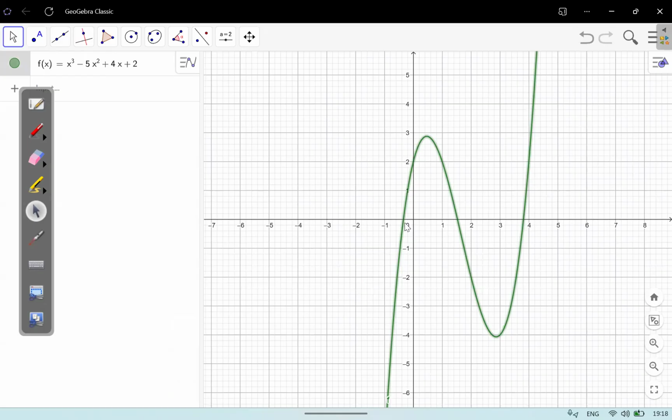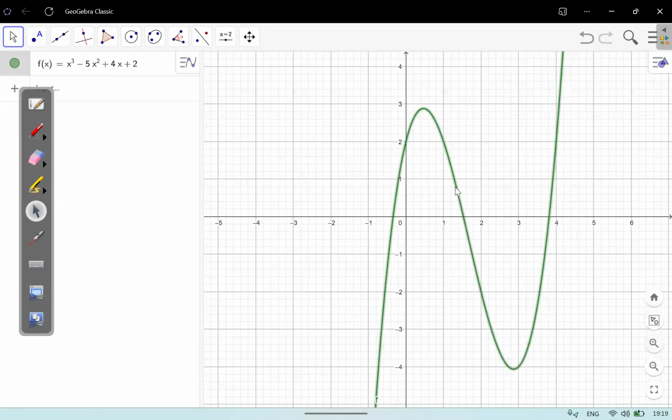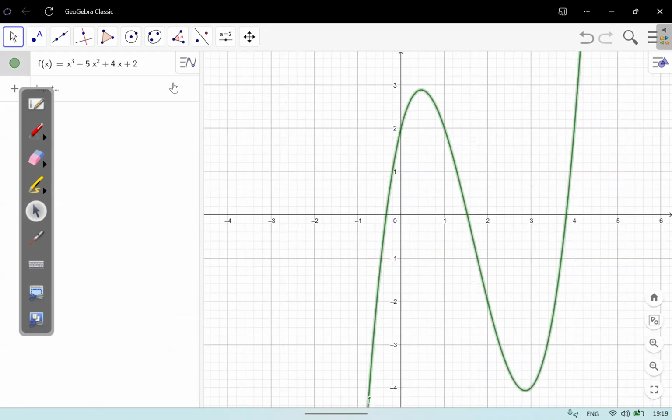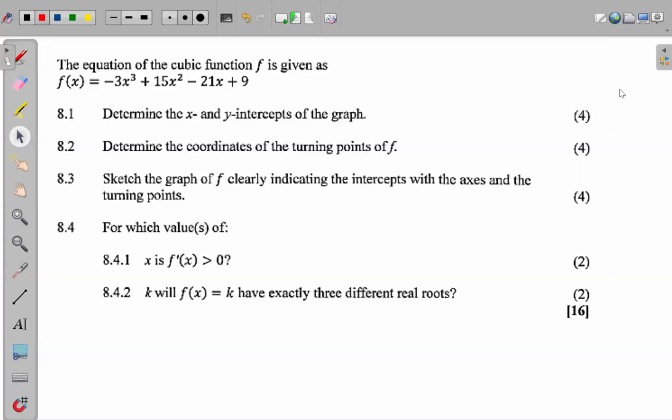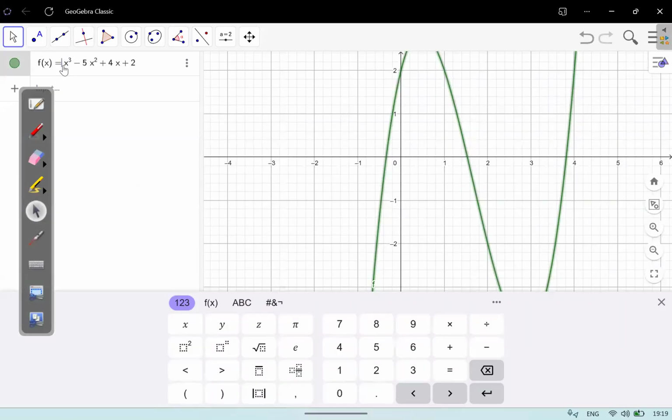What makes it terrible is the intercepts, not the turning points, but we will get through that. It's okay. We know how to. Yes, the intercepts are what make it look really bad. But let me find a nicer one. Negative 3x cubed. Yeah, maybe let's take this one.